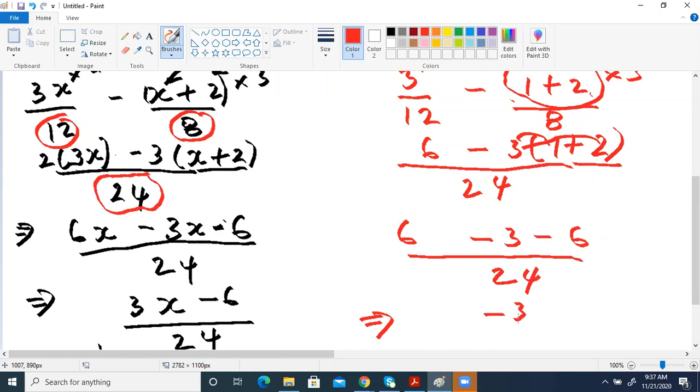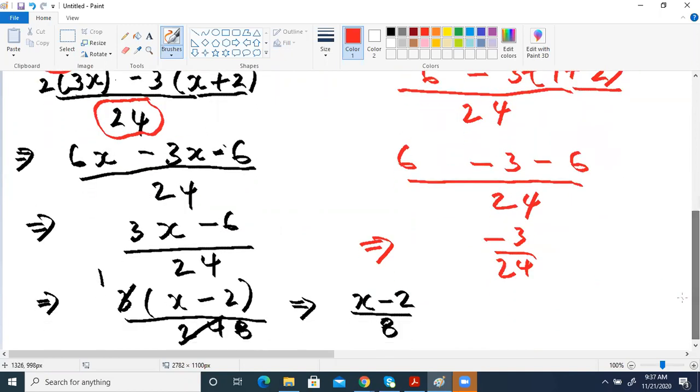And I have negative 3 now over 24, which when I simplify further, this becomes negative 1 over 8, right? Which we get 8 here and 8 here, 2 places.